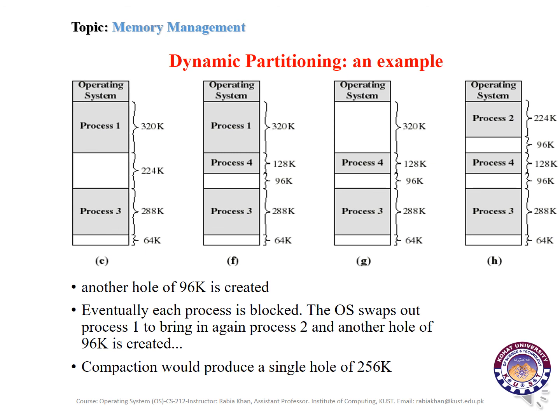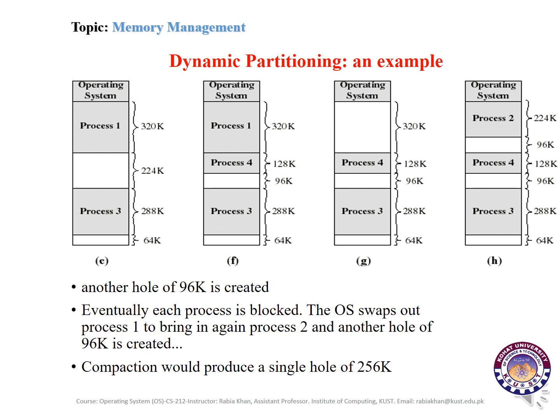So now the operating system would apply a compaction technique which will collect all these holes and create a big partition of 256 KB, which is now big enough to be occupied by any process.